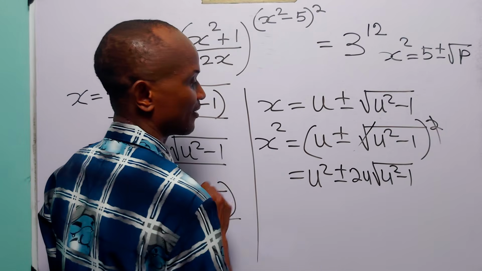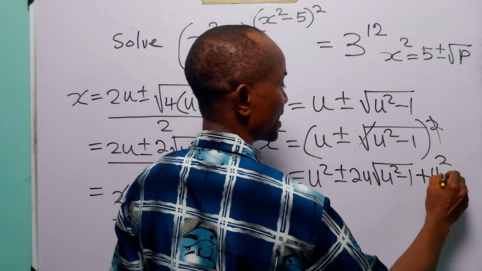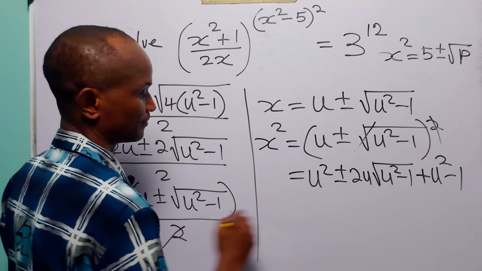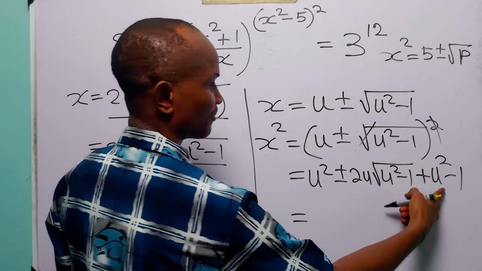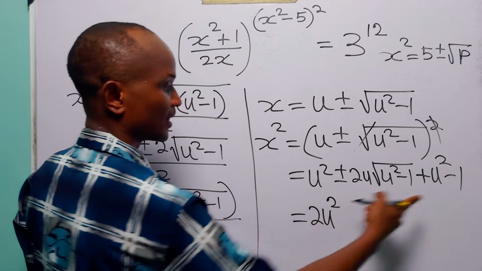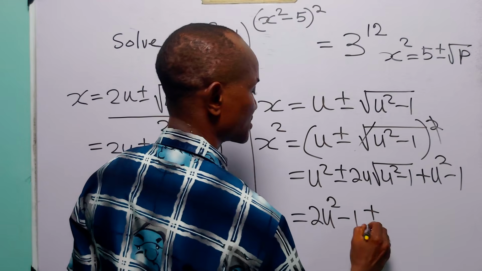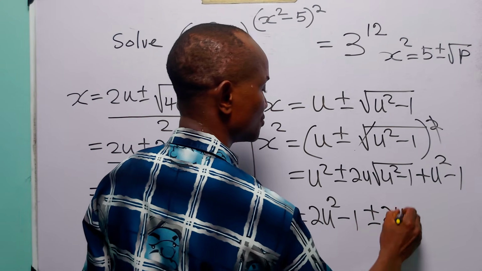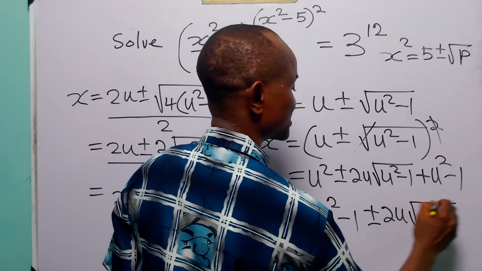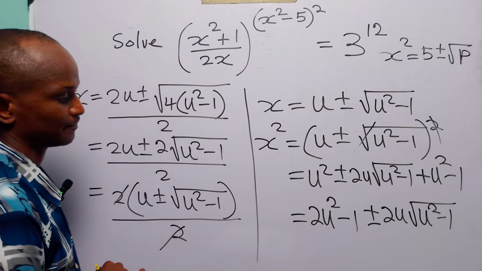This is going to take care of that, leaving us with plus u squared minus 1. Now, u squared plus u squared is equal to 2u squared. Then we have minus 1. Then we have plus or minus 2u times the square root of u squared minus 1.